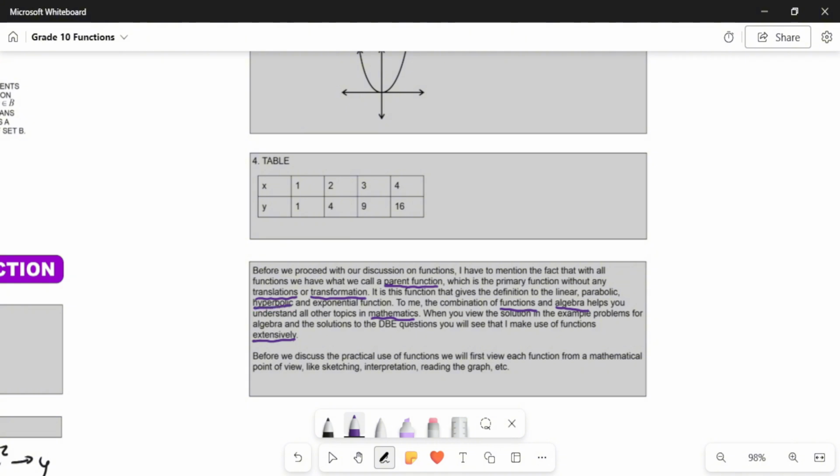What's the basic definition of a hyperbolic function that everyone has to abide by and everyone has to accept as the basic definition? And so should you, listen to this, this is why definitions are so important. Because should you deviate from the definition, then you are not talking about a linear function, you're talking about something else. And this is why you get questions wrong, because you're not abiding by the definition, right?